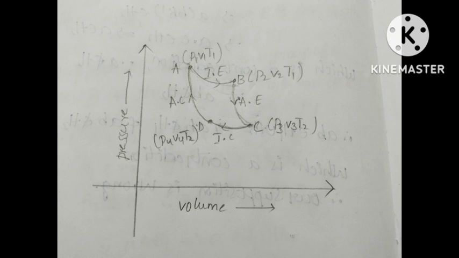And in adiabatic compression, DA curve, D coordinates are P4 V4 T2 and A coordinates are P1 V1 T1. The temperature rises from T2 to T1 and heat energy remains constant.